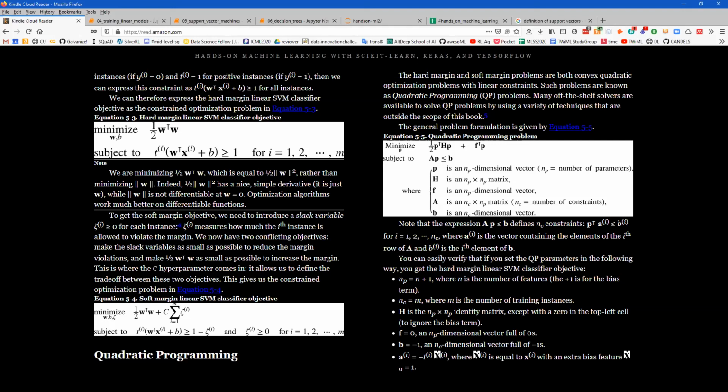Yeah, I think that's what makes sense. Yeah, because the bigger C is, the more it costs you to have a margin violation. So you're going to want to minimize those.